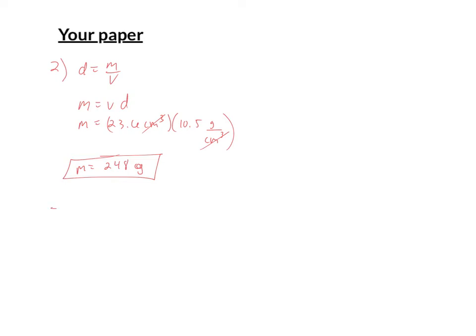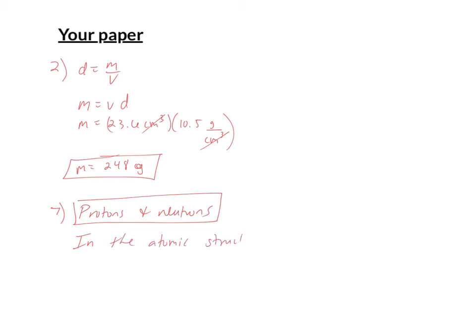Now, if it's conceptual, like the one below, number 7, in your work here, you can state the answer. That's okay. But you must back it up now with correct justification. So in the atomic structure, there are 2 main parts.